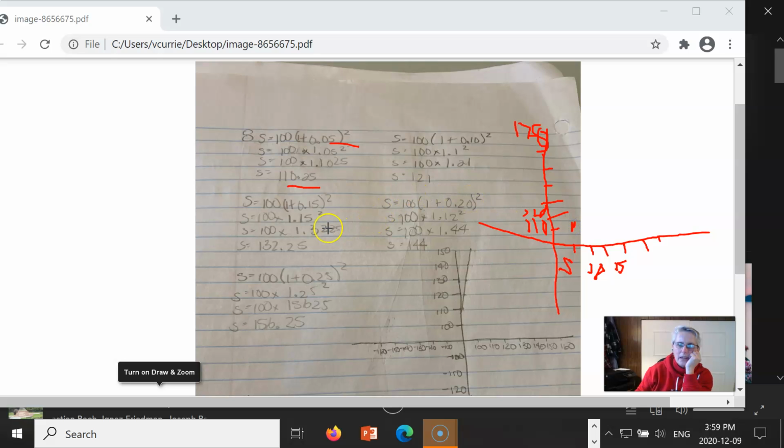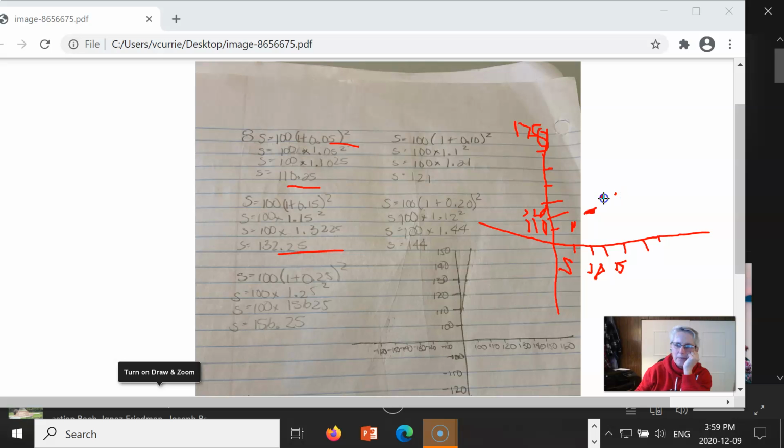And then the next one, your rate here is 10% and the amount is 121. So it's going to be in that 120 range right in there. And then you have this one where your rate is 15% and your amount is 132, so you're going to be up in there somewhere.